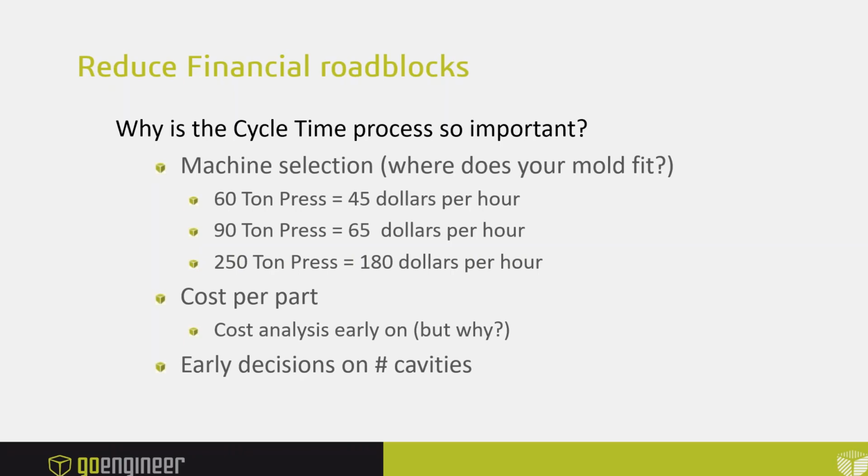Now let's just say we run this, we figure out the cycle time, right? And then we figure out that you can run a part a minute, one cycle a minute. And at a 60-ton machine at $45 an hour, that means you get 45 parts that are $1.20 a piece, right? But it's not going to get us to a quarter, right? So then what does that do for us?